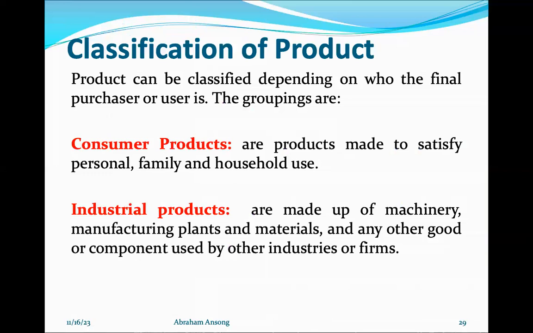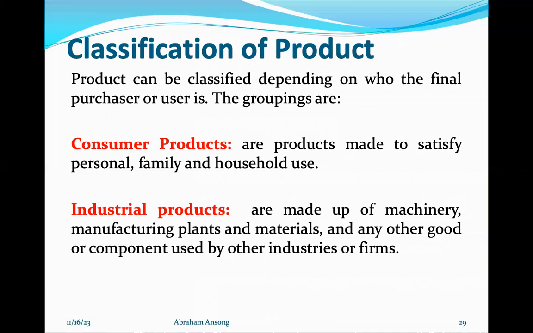Then we can look at the classification of a product. We are still on product, the traditional P, and we are explaining it in the context of both a service and a good. Mostly when it comes to good, but it could also be applicable to services as well.